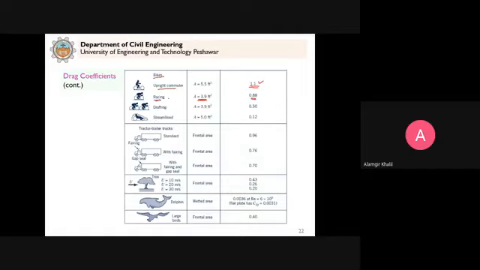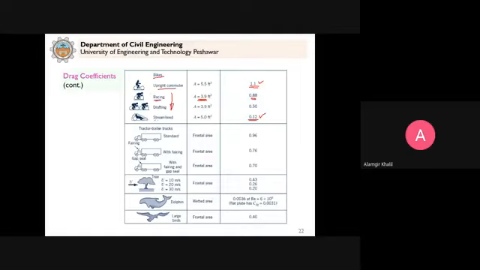So if you further move to streamline here, you can see the drag coefficient is further reduced. So it means that streamlining the objects, this is what we started with, blunt bodies and streamlined bodies.